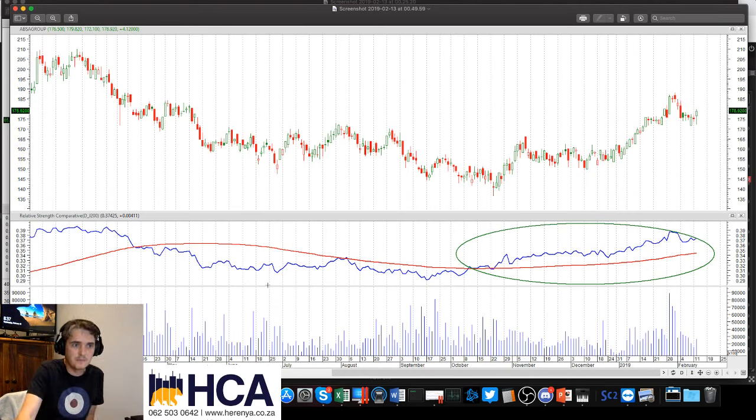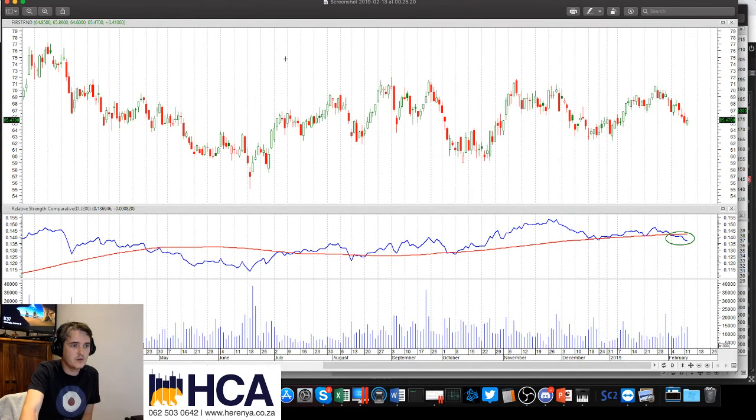But here we can see that the relative performance of Firstrand has outpaced the top 40 index for some time, right? And then recently now, as shown here, we are starting to see Firstrand underperform the overall index, and this has been since the beginning of this month, end of last month.